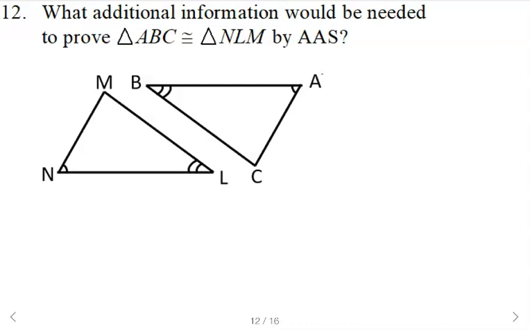All right, what additional information is needed for angle side? Well, we have these angles congruent, these angles are congruent, so we have the two angles, we just need the third side. That third side could be either BC is congruent to LM.